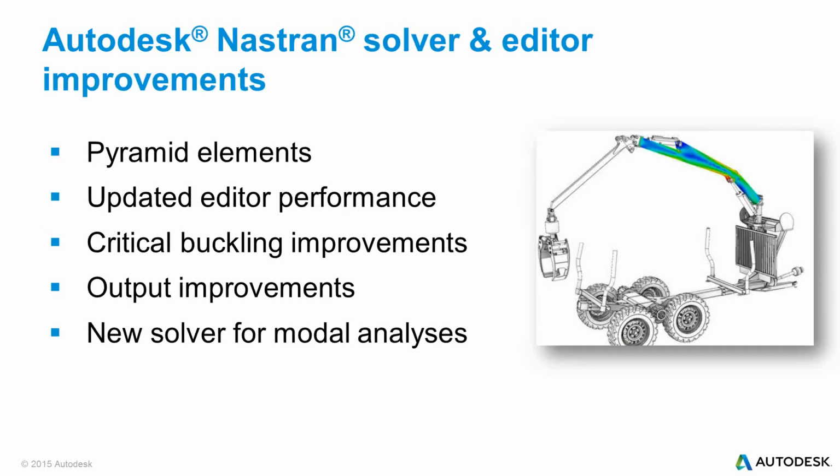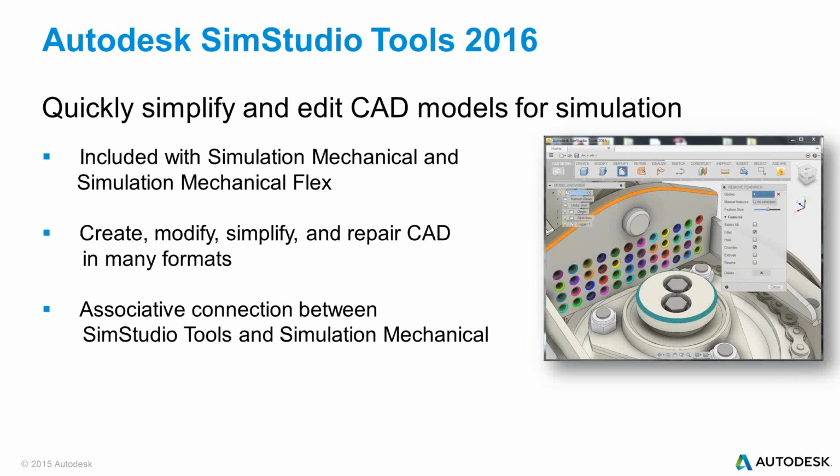You can also push models from Simulation Mechanical out to SimStudio Tools as well. So let's say you have an archive file that doesn't necessarily have the CAD file associated with it. You can push the CAD geometry out of Simulation Mechanical into SimStudio Tools to make some edits.